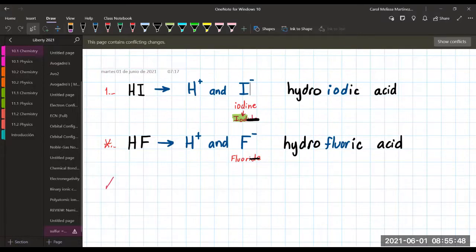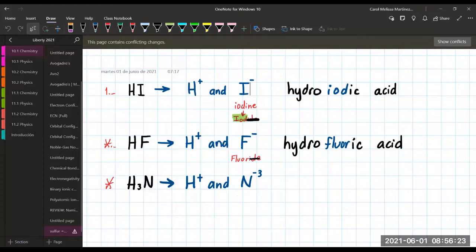One more time, you need to participate a little bit more. Another example. Remember, I need to break it down into its ions. I have H plus and I have N. What is the charge for N? Negative. At -3. How do you call N? Nitrate. Nitride.